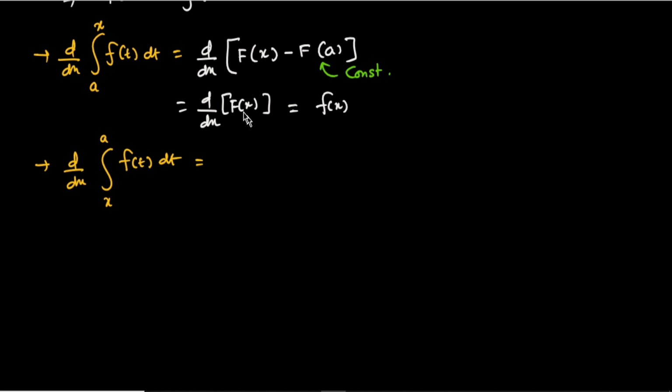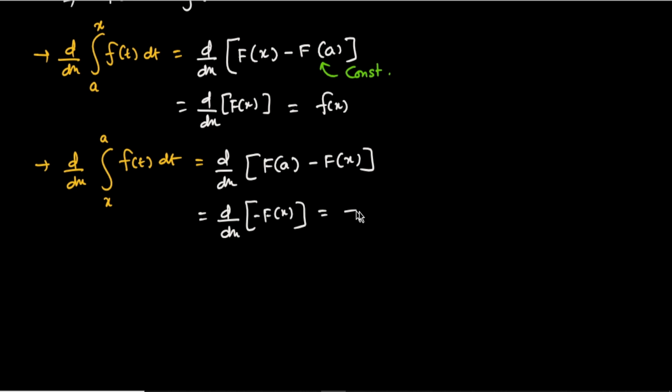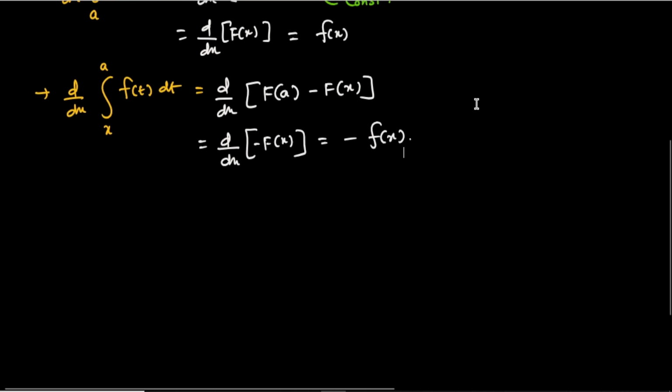We will do it in a similar way as above. d by dx of capital F of a minus capital F of x, by using the definition of definite integrals. The remaining term is minus f of x. Then it gives us minus f of x, as we have seen earlier.